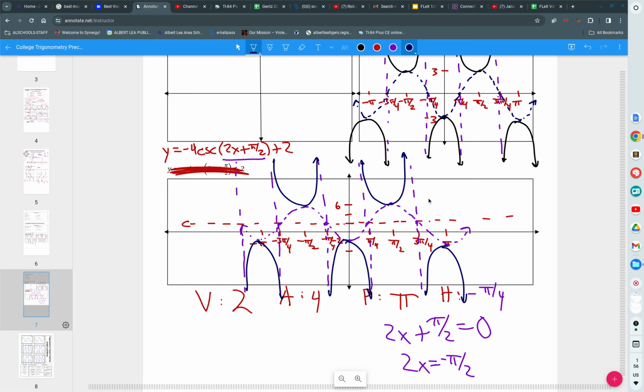Why'd you go for 3? Oh, there's 2 5. Why'd you go for 2? Because the vertical shift is up 1 and the amplitude could be 2. 1 plus 2 is 3. I tried the question.